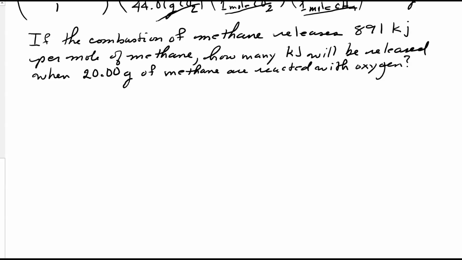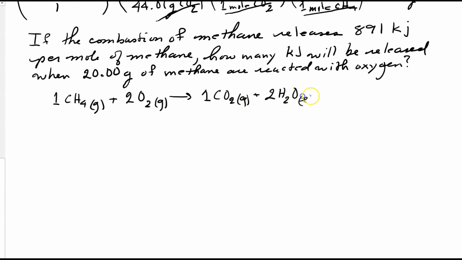So let's write the equation again. We say we have 1 mole of CH4 gas reacting with 2 moles of O2 gas to result in the production of 1 mole of CO2 gas plus 2 moles of H2O as a liquid.